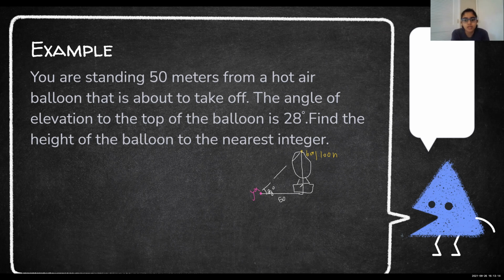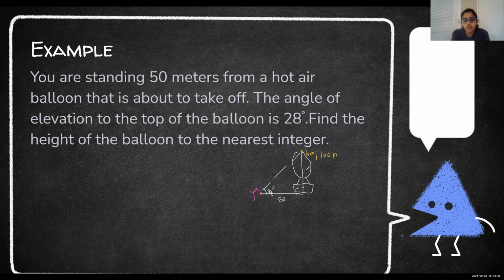We know that this will be a right triangle, because when you're given things like this, it will always be a right triangle. I don't know how to explain why, but it is. So we now have a right triangle with a base of 50 and an angle of 28 degrees.